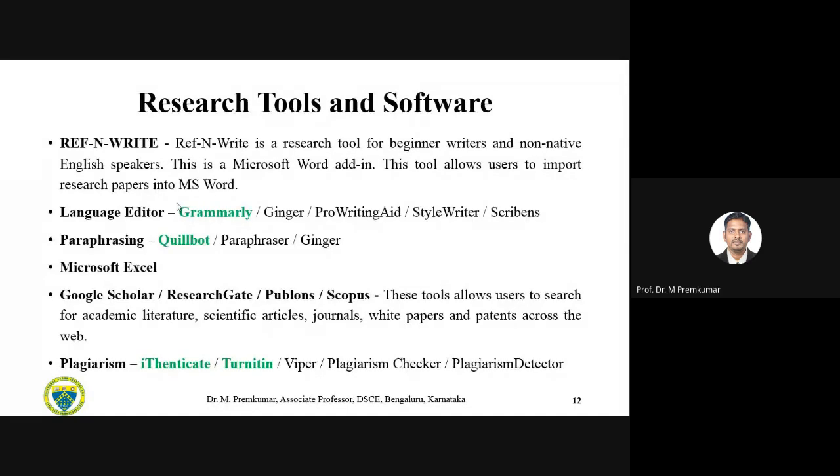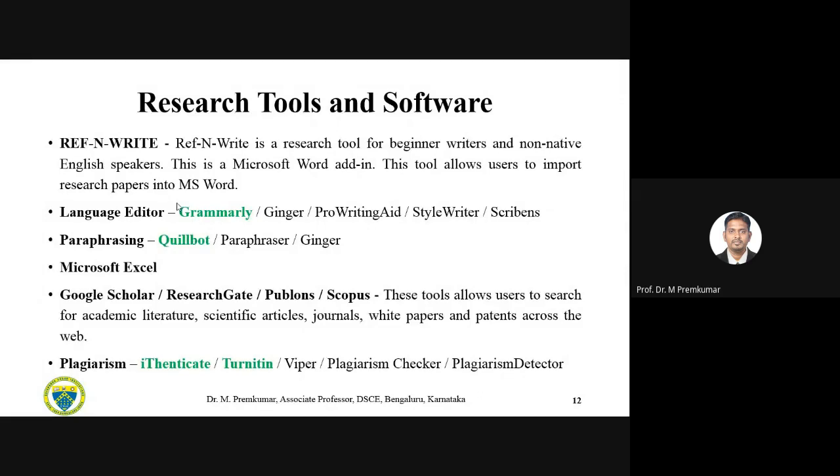You can find not only papers, but patents also. So for finding all these things, these tools are definitely required. Everyone knows Google Scholar. ResearchGate, as I told, is a social platform for interacting with people around the world. And Publons is created by Clarivate Analytics.